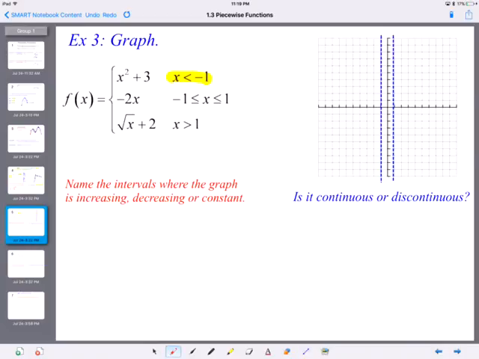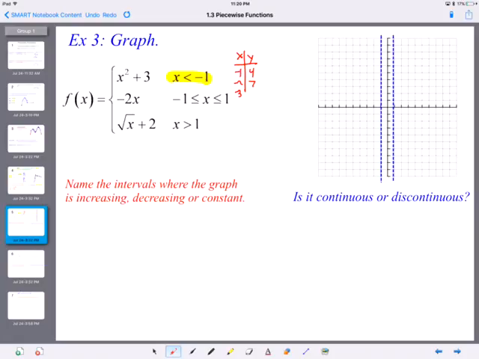The first one is x squared plus 3. We're going to choose values that are less than -1. So for this one, we'll do -1, -2, -3. Once again, -1 is not included. It'll be an open circle. -1 squared is 1. 1 plus 3 is 4. -2 squared is 4. 4 plus 3 is 7.